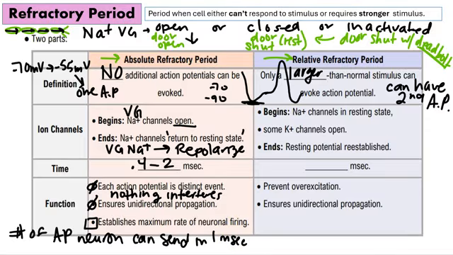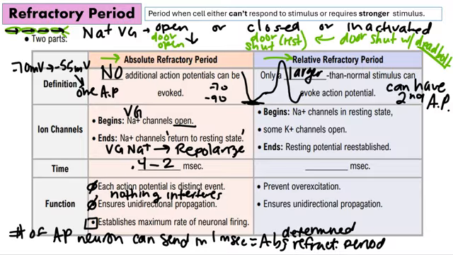So the number of action potentials the neuron can send in 1 millisecond is determined by the absolute refractory period. Write that down. Determined by the absolute refractory period. It's something you can come up with because you have a range of time here. So keep that in mind.